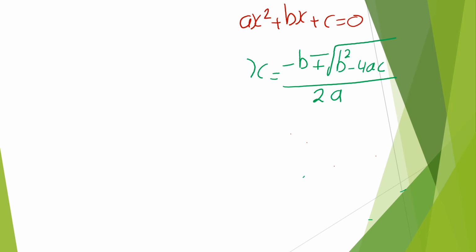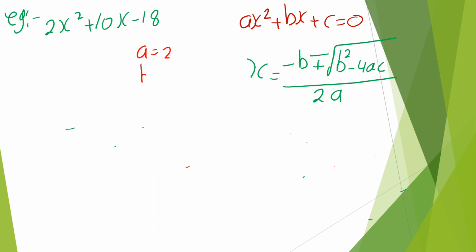So for example, we'll do an example here: 2x squared plus 10x minus 18. So a is 2, b is 10, c is negative 18. Now we're going to substitute in the formula.